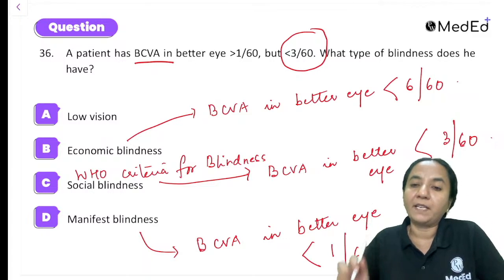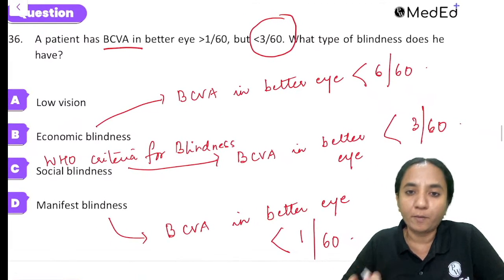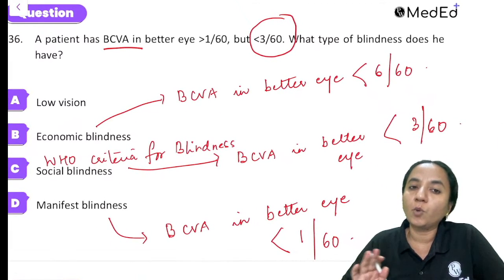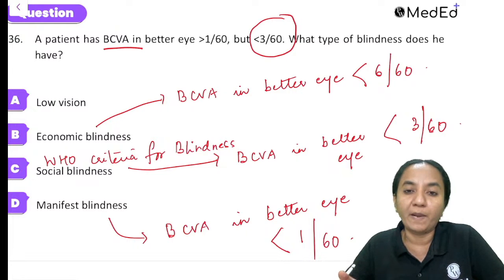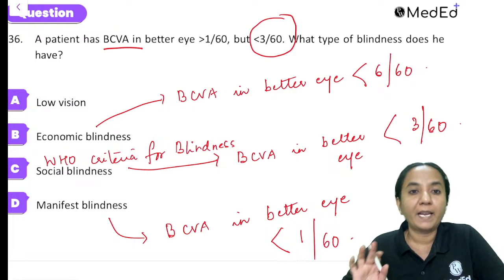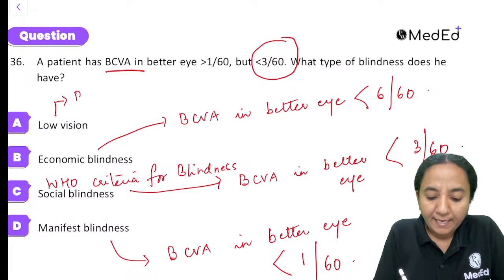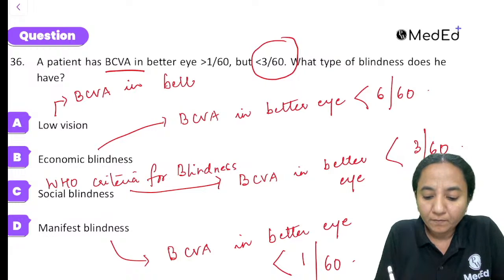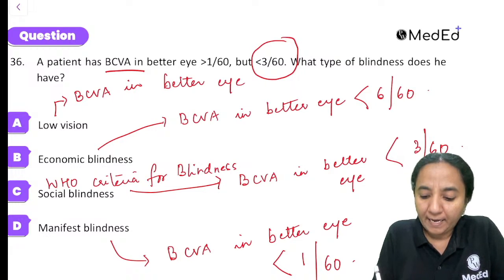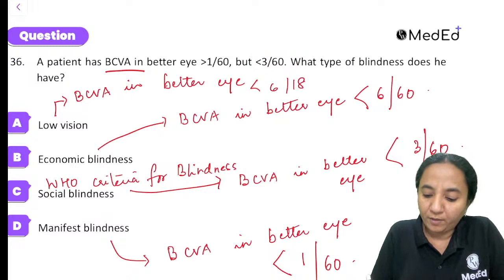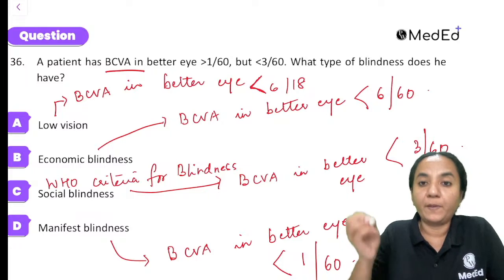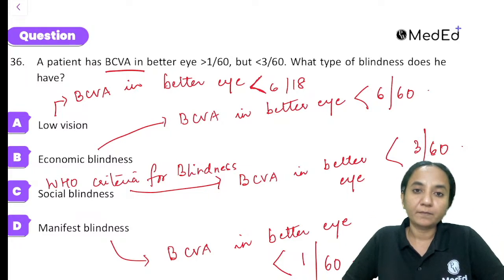So BCVA in the better eye less than 6/60 is economic blindness, 3/60 is social blindness or WHO criteria for blindness, and 1/60 is manifest blindness. And BCVA in the better eye less than 6/18 is low vision. This is the criteria for low vision. So all these four definitions, please memorize them.